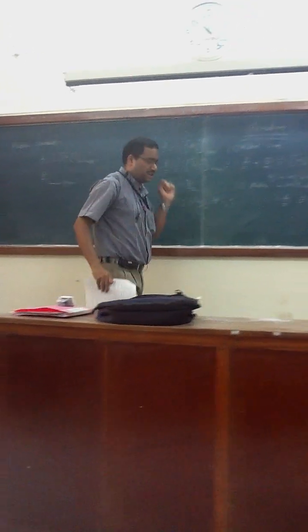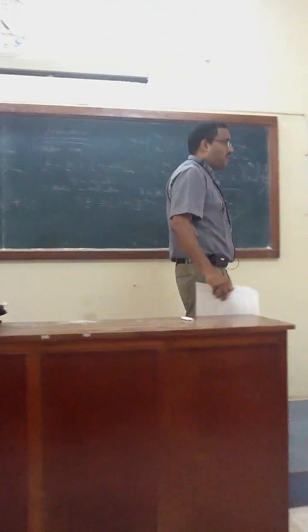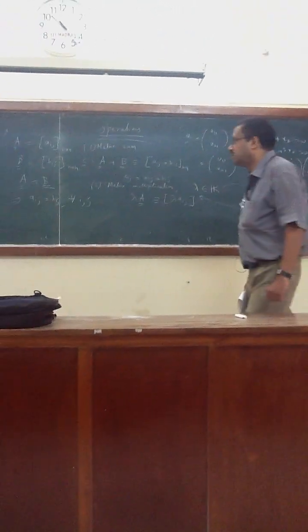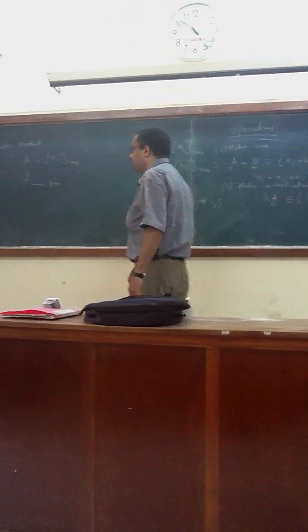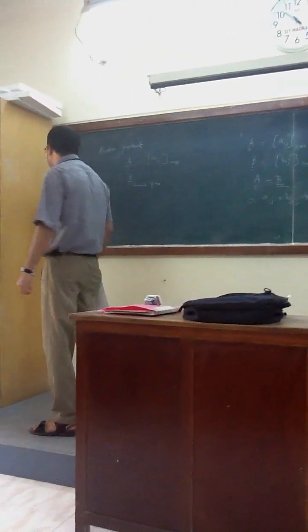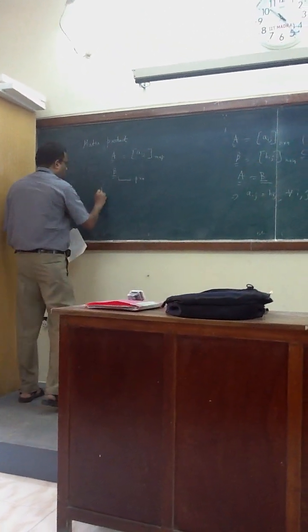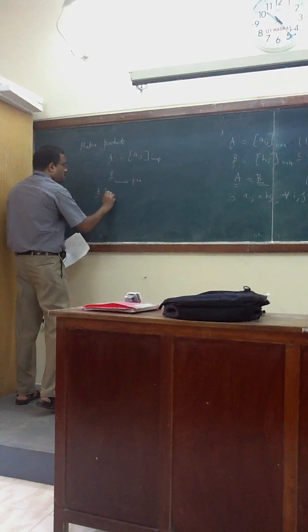Otherwise, the number of columns of the first matrix should be equal to the number of rows of the second matrix. So A and B can be multiplied.